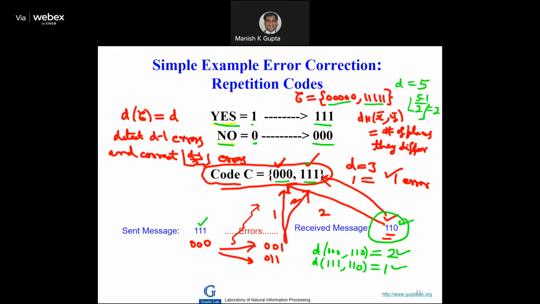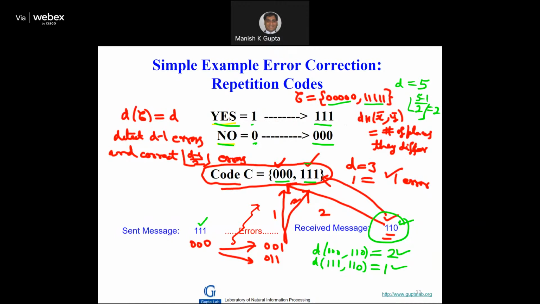So essentially, this whole thing is governed by what is known as distance. This distance was defined by Hamming himself, and is known as the Hamming distance: the number of places they differ, right? Suppose C is our code, you compute the distance among all the pairs, right?